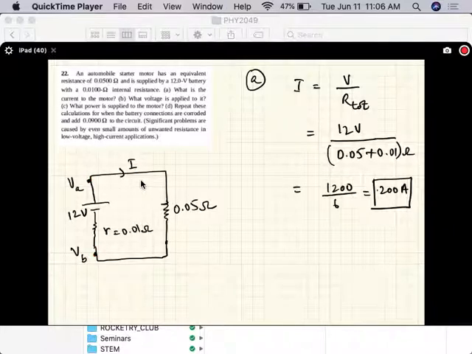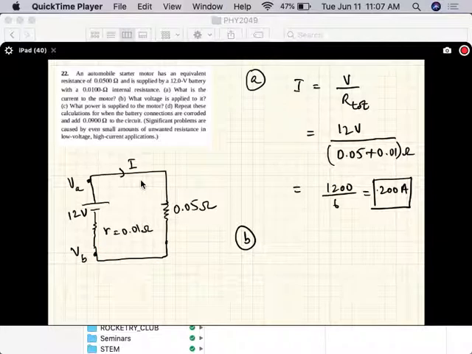Okay. And so here's how you do this. Current is flowing in this direction, so you're flowing from a higher to a lower voltage. Let's solve this. Here's an easier way of looking at it.